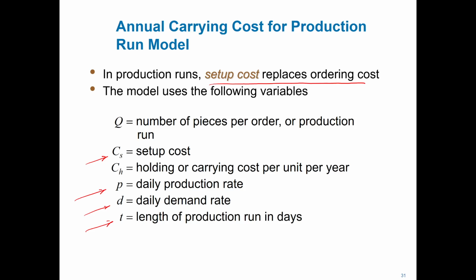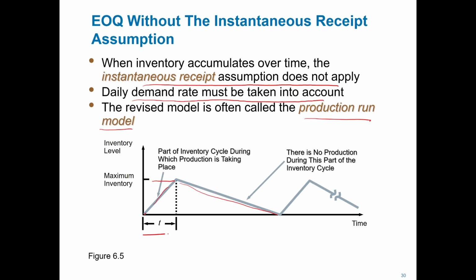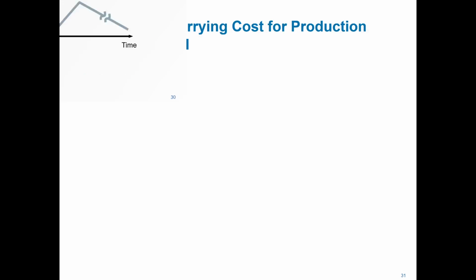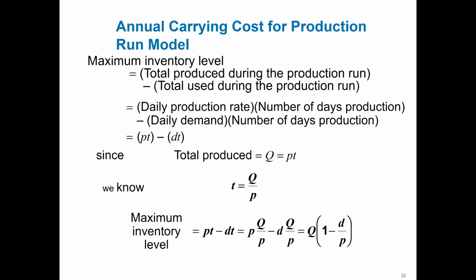So if I go back to the previous figure, T over here is the production run time or production cycle. The maximum inventory level is the total produced during the production run minus the total consumed during the production run. That will be the maximum inventory level.